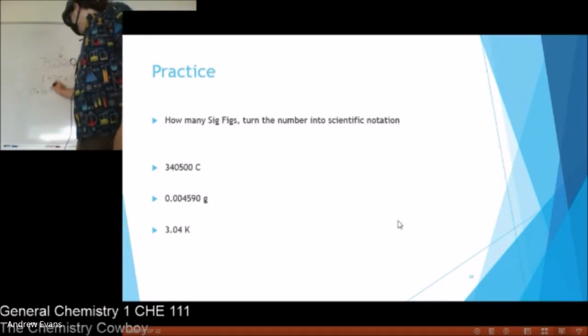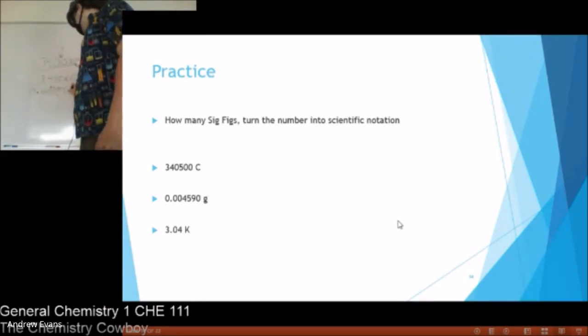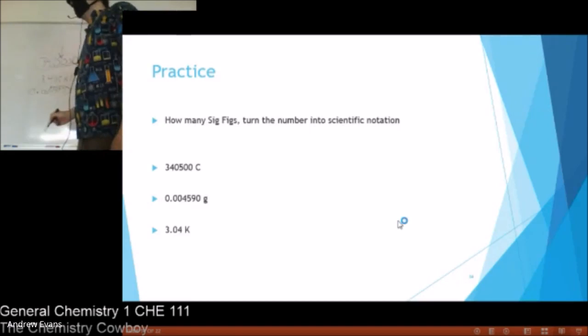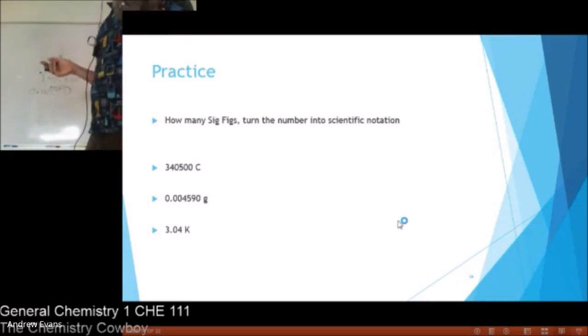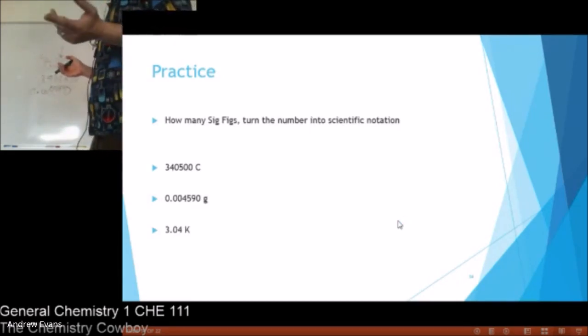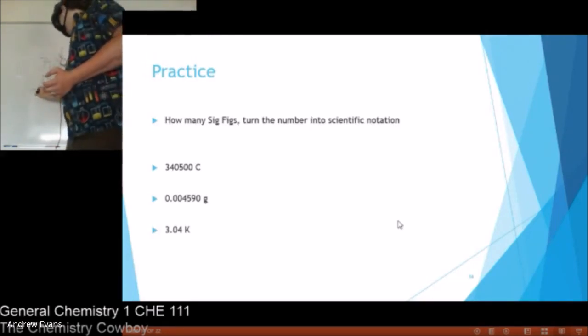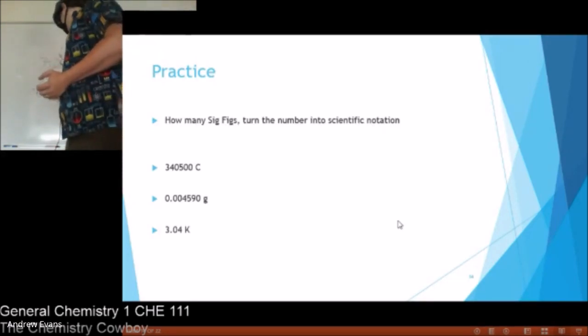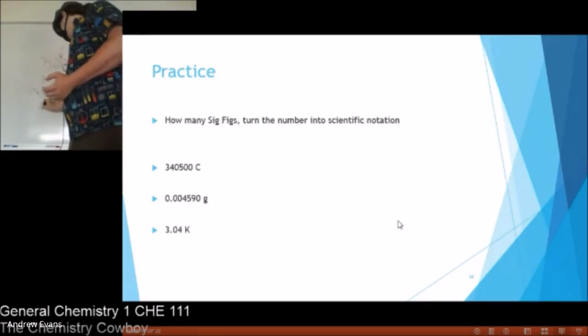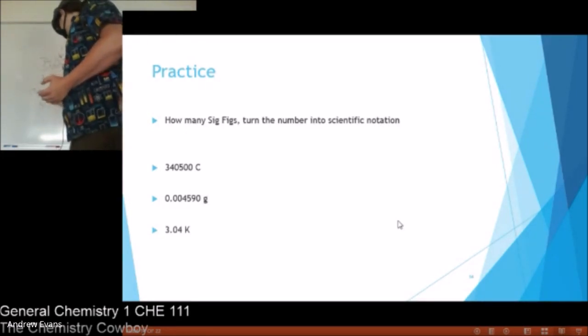Decimal means we take the first non-zero number and everything to the right. So once again, we have 4 sig figs, 4 digits. And when we move this over, 1, 2, 3, so we have 4.590 times 10 to the negative third.